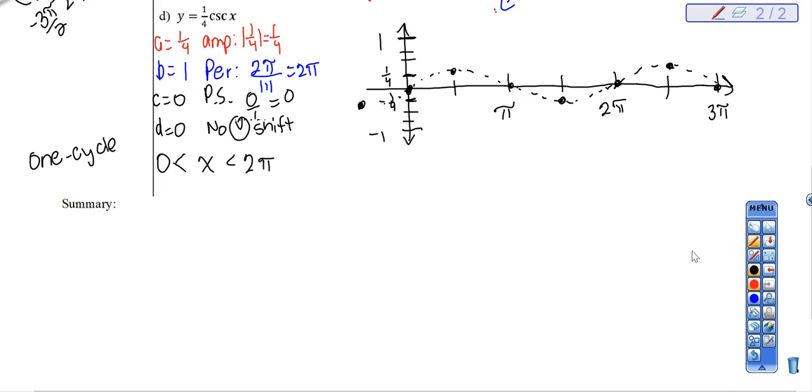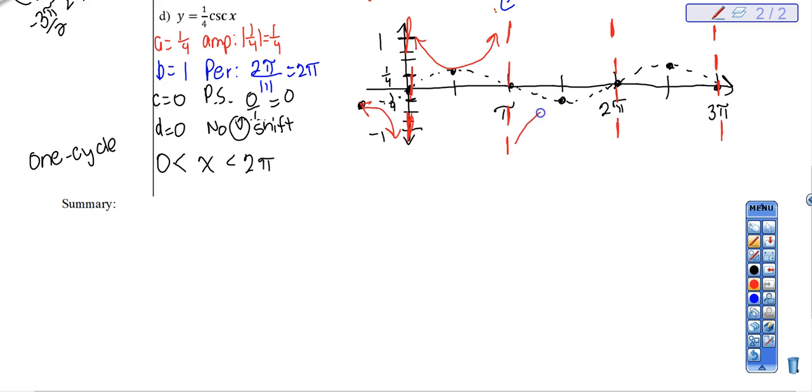And then we'll hit asymptotes at all the zeros. So at all of the intervals of pi, all of the integers times pi. And then let's see, we'll just bounce off the peaks and valleys.